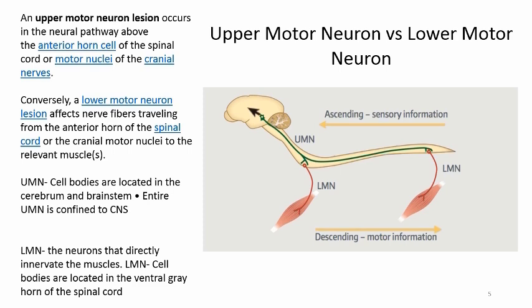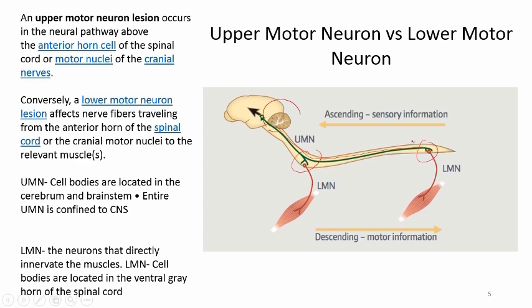What we need to remember is that the upper motor neuron lesion is in the neural pathway above the anterior horn of the spinal cord, or the motor nuclei of the cranial nerves. And that our upper motor neuron cell bodies are all here. So the upper motor neuron runs like this, and has a couple of intumescences here.